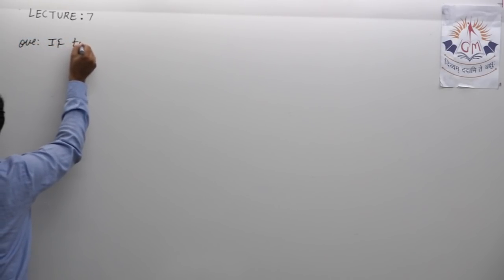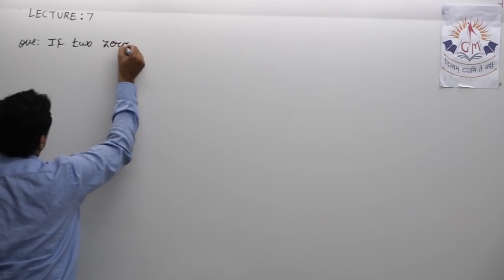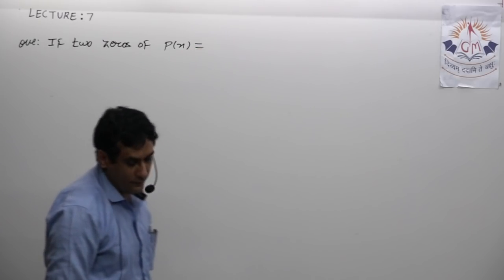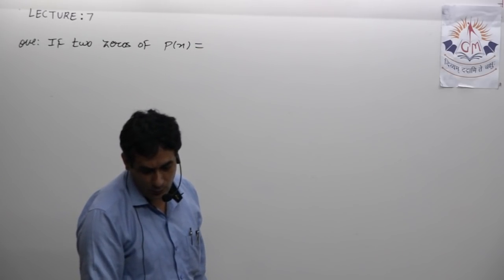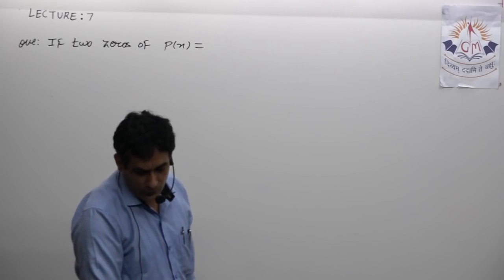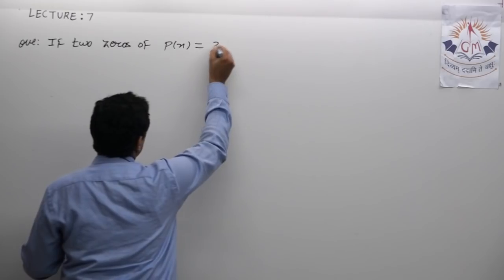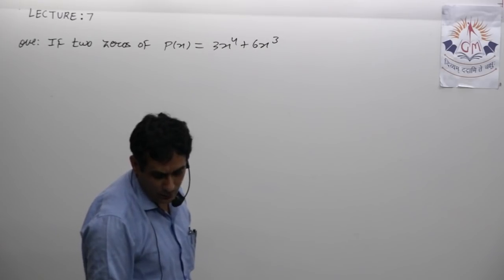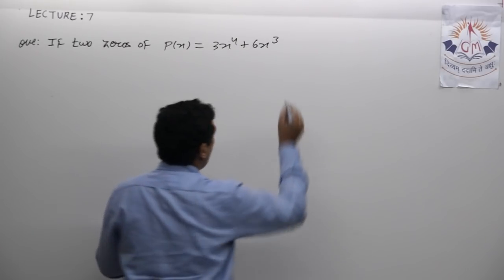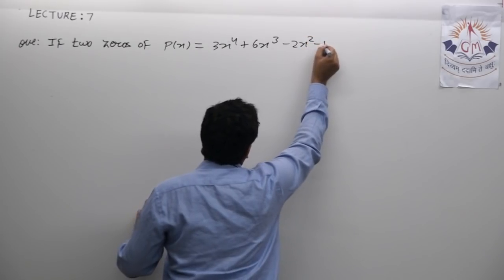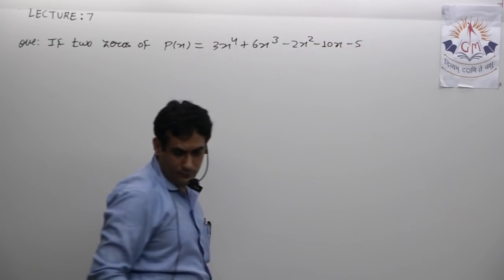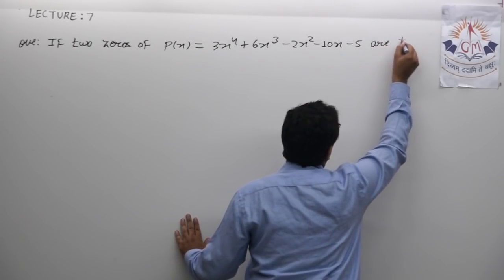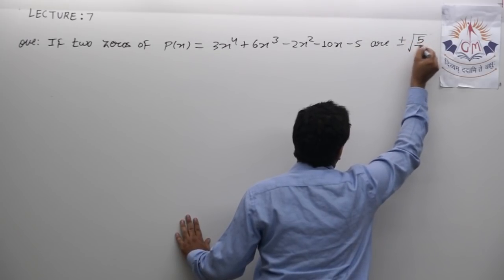If two zeros of p(x) equal to 3x raised to 4 plus 6x cube minus 2x square minus 10x minus 5 are plus minus root 5 by 3.